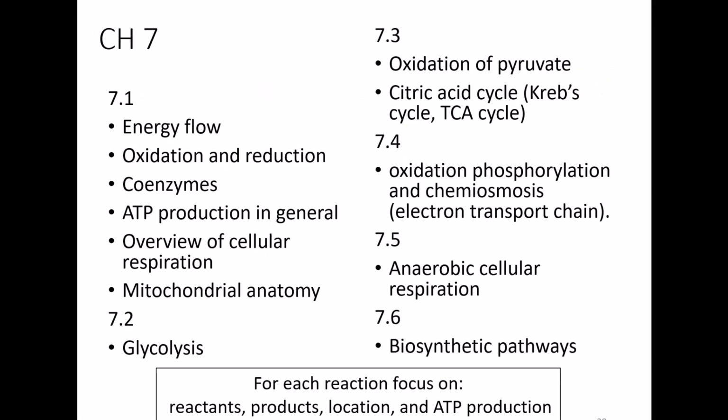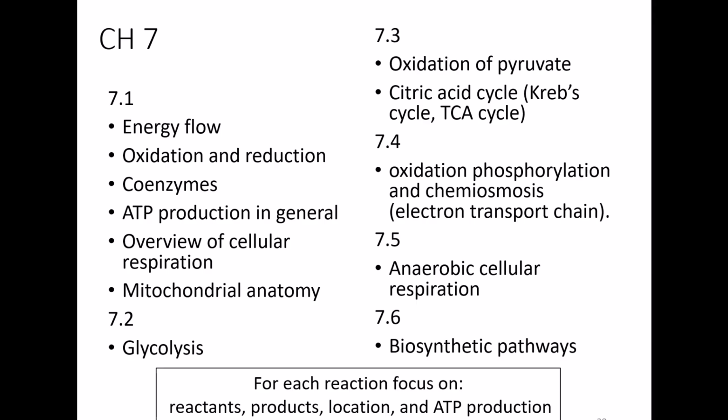So we made it to the end of chapter 7. Energy flows into most ecosystems as light, and then photosynthetic organisms use that light energy to produce a carbohydrate, and then photosynthetic organisms and heterotrophic organisms use cellular respiration and fermentation to produce ATP. We talked about oxidation and reduction. Oxidation is loss of electrons, reduction is gain of electrons, and we said for this class you can kind of shortcut it by tracking hydrogens because the hydrogen and the electron are generally transferred together.